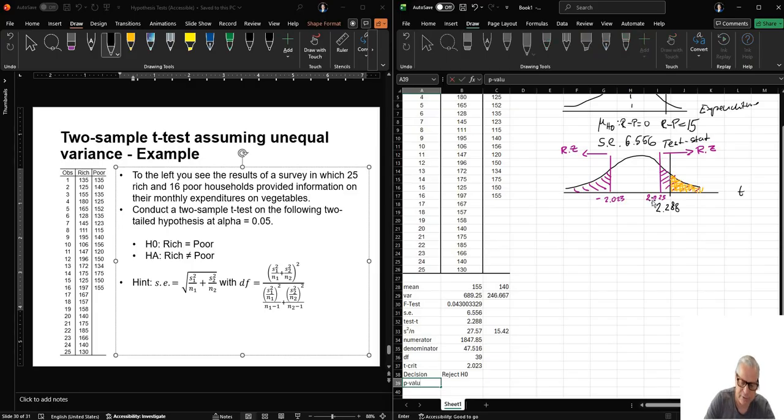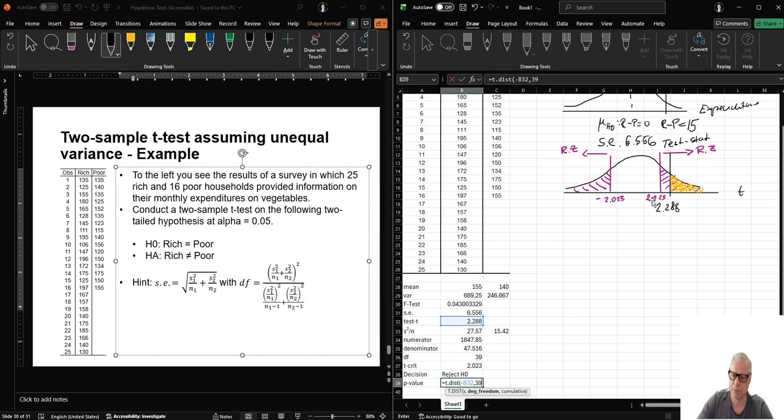So now the p-value is equal to, okay, so now we use the formula T.DIST, and now we enter the negative value of our test statistic, which is 2.288, because the area to the right of 2.288 is the same as the area to the left of negative 2.288.